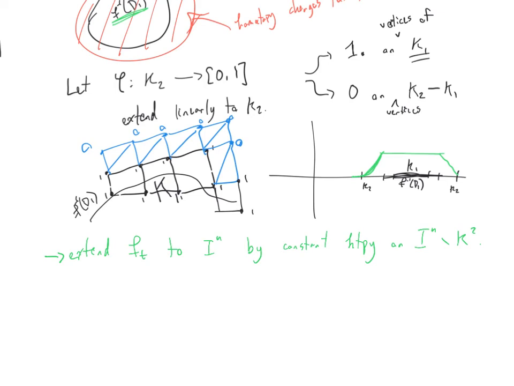So we now have this buffer region, and at the boundary of K2, nothing's happening, the homotopy is constant. And so that means that we are in business.